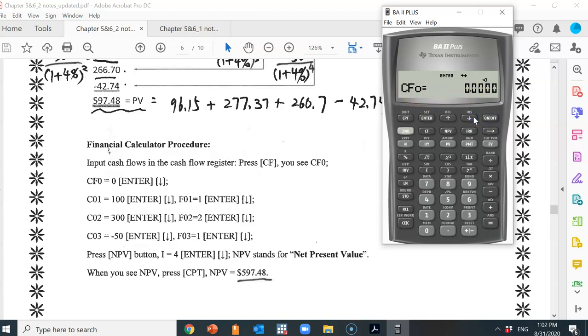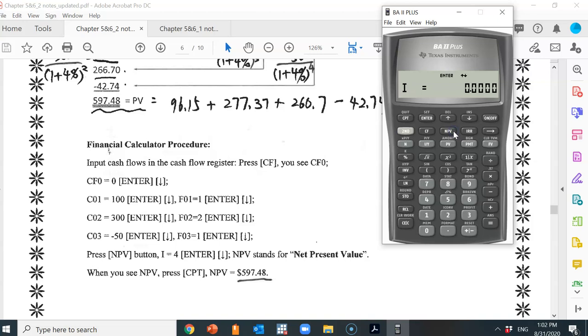Nothing. I press the down button until I come back to cash flow 0. I know that these are all the cash flows I input: 100, two 300s, and one negative 50. This is all. So we can press the NPV button to calculate the present value of this cash flow.